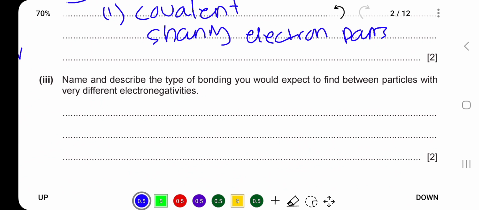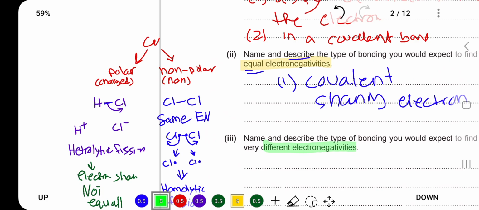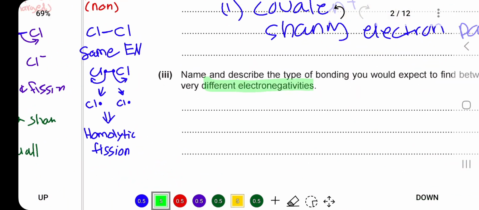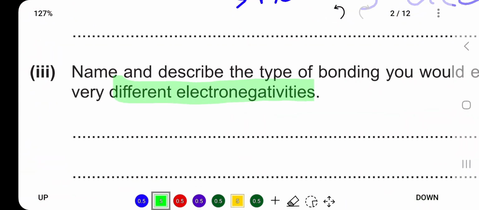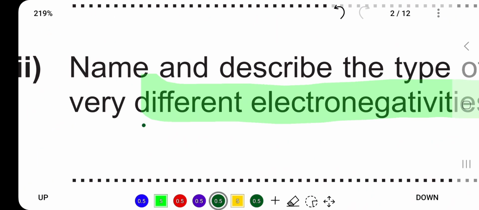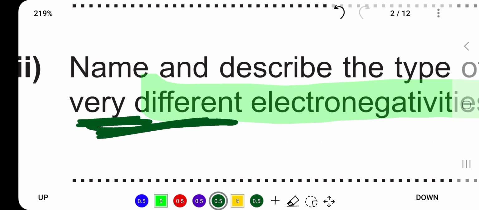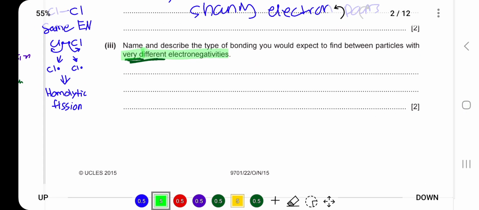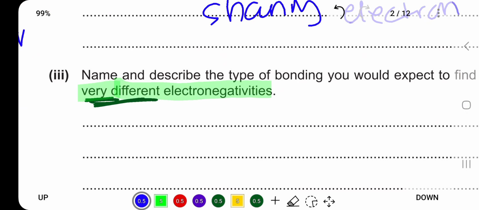Now name and describe the type of bonding you would expect between particles with very different electronegativity. Now some of you would say, yes, polar again. But here they mentioned that it has very different electronegativities. So an easy answer that will give you the marks: ionic.